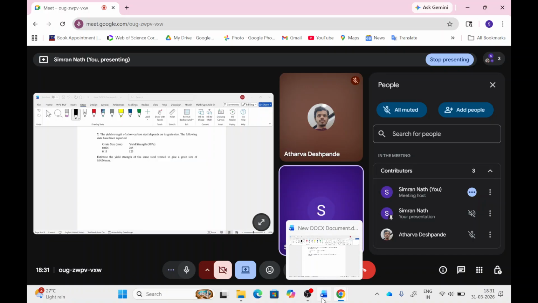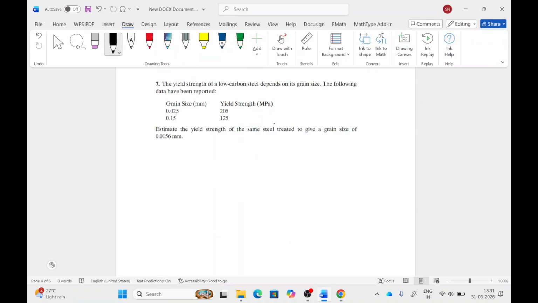To calculate the yield strength at another grain size, we first have to calculate the other parameters in the equation, sigma naught and k. If we take the first value, we can take it as 25 micrometer also.